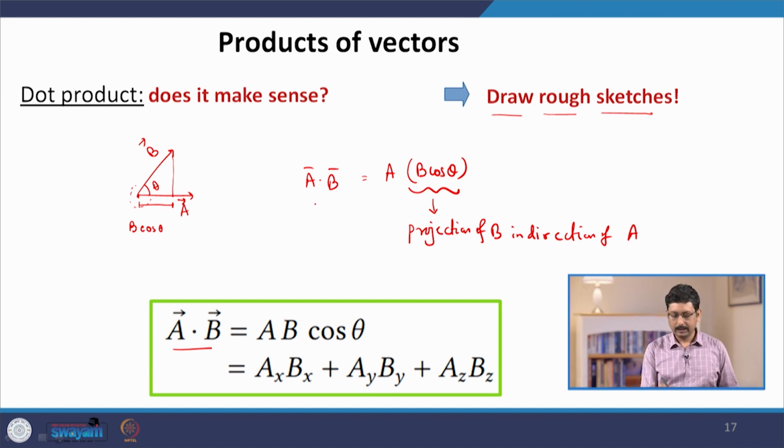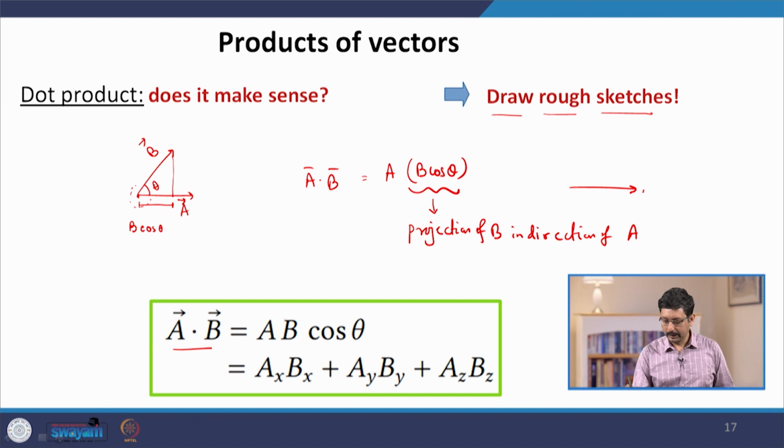So, this A dot B is a number, first of all it is a scalar. If you do a coordinate transformation, it remains invariant. It is a single number, only magnitude, no direction, and it represents the projection of B in the direction of A times A. So, you are multiplying the magnitude of A by the projection of B along A. But you can also do the opposite.